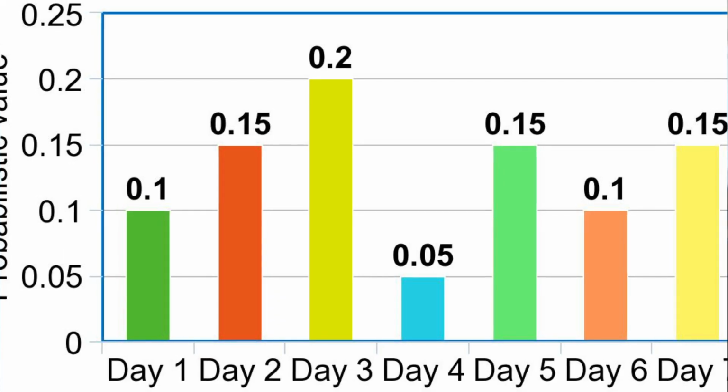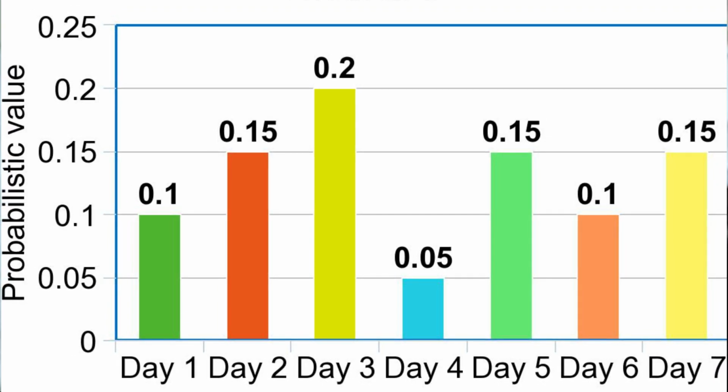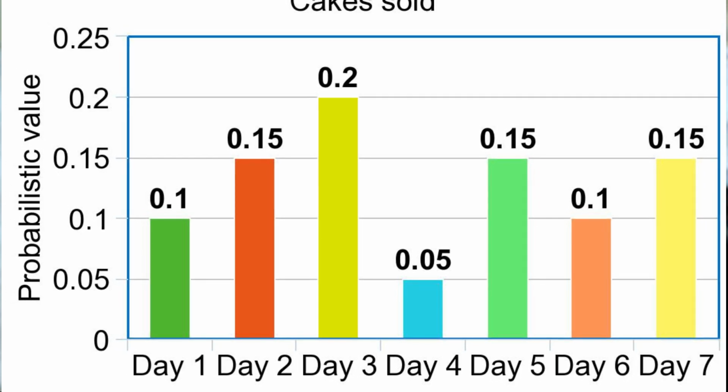If you were to plot a bar chart for the data set that Billy collected over the week for his business, we would have something of this nature, and it shows that in day 1, which he sold 10 cakes, he has a 0.1 chance of selling a cake, and in day 2, which he sold 15 cakes, he has a 0.15 chance of selling a cake, and so much more. And this is the basic idea behind the probabilistic values of a discrete probabilistic distribution interacting with each other.